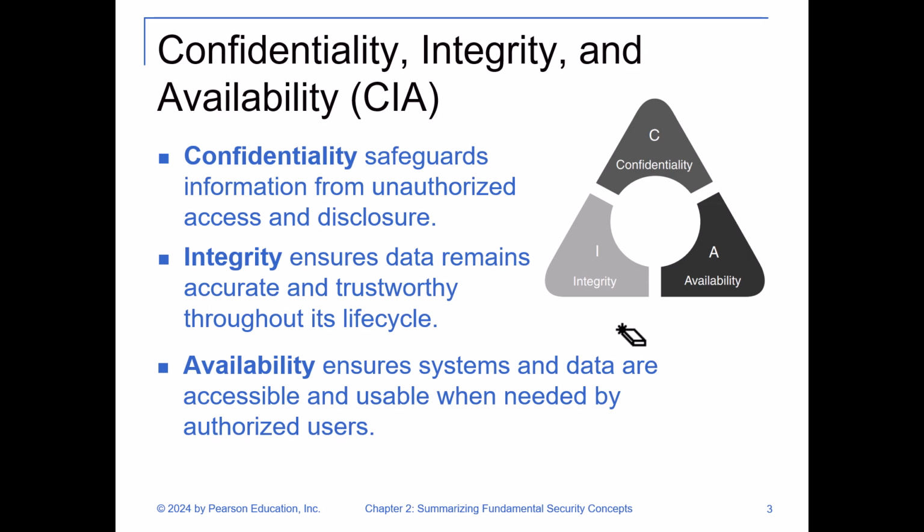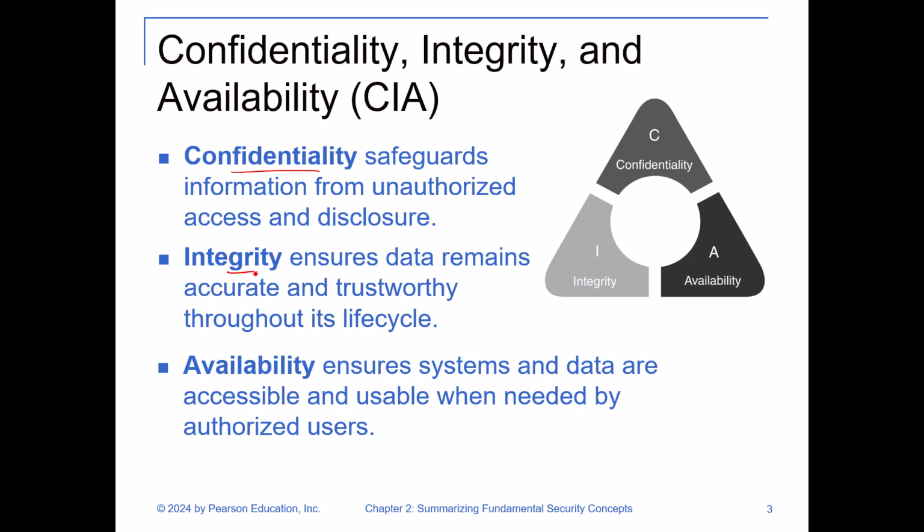So what do these three categories mean? Confidentiality is the ability to maintain or safeguard data from unauthorized access and disclosure, i.e., only those that are authorized to read it should be able to read it. Integrity ensures that data remains accurate and trustworthy throughout its life cycle. If you're sending an email, for example, can you verify that your email was not modified in transit?